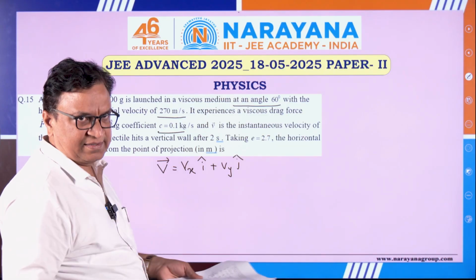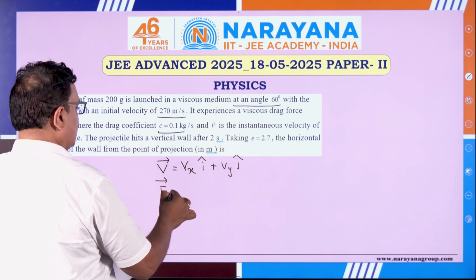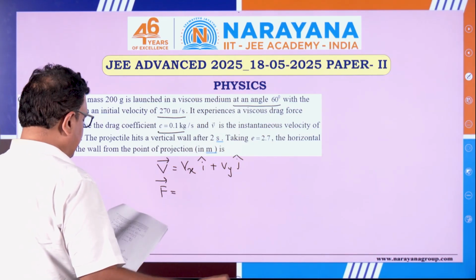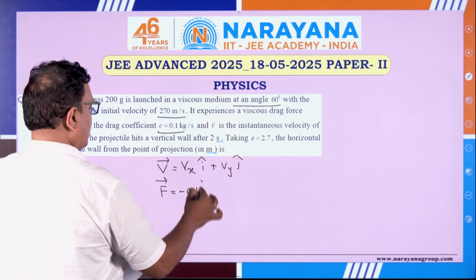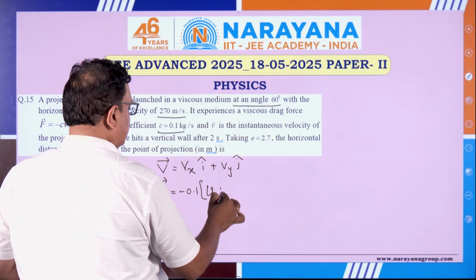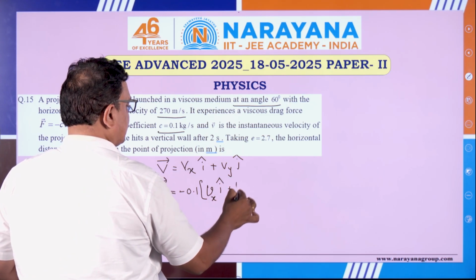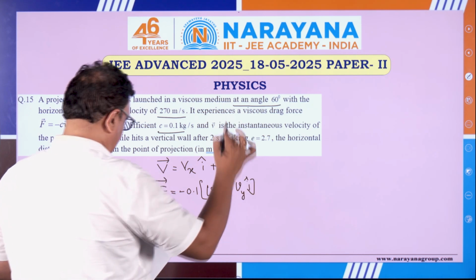I am assuming it like this. So what is F bar in that case? So F bar in that case is C, which is 0.1, times Vx i cap plus Vy j cap.